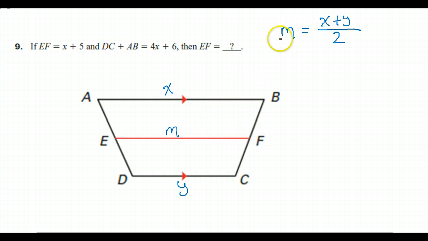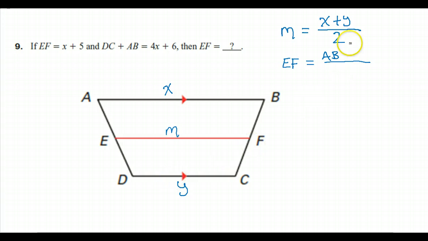Now let me modify that. Instead of using these letters, I'm going to actually use the segments. The mid segment is segment EF, so let me write EF. That should equal the average of the two bases. Instead of X, I'm going to put AB, because X was AB.